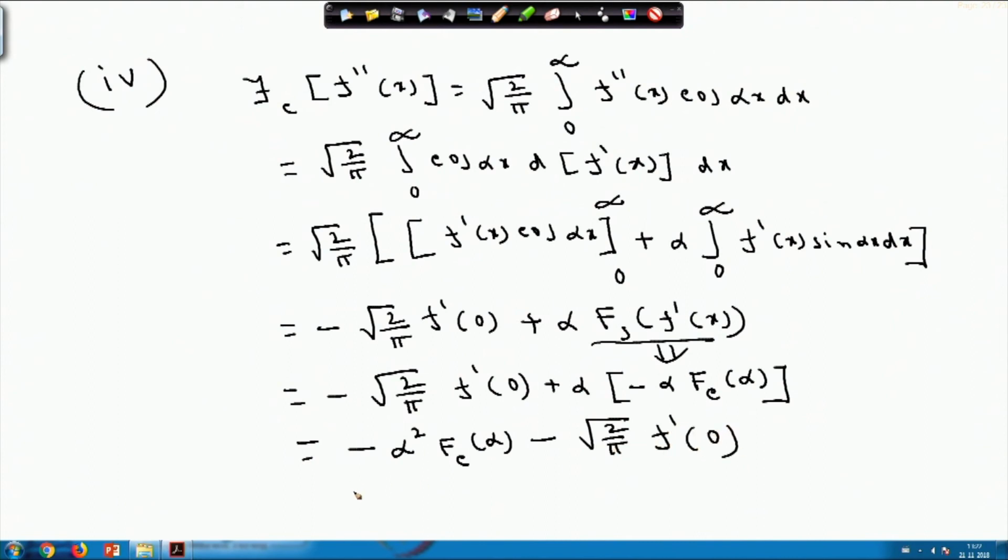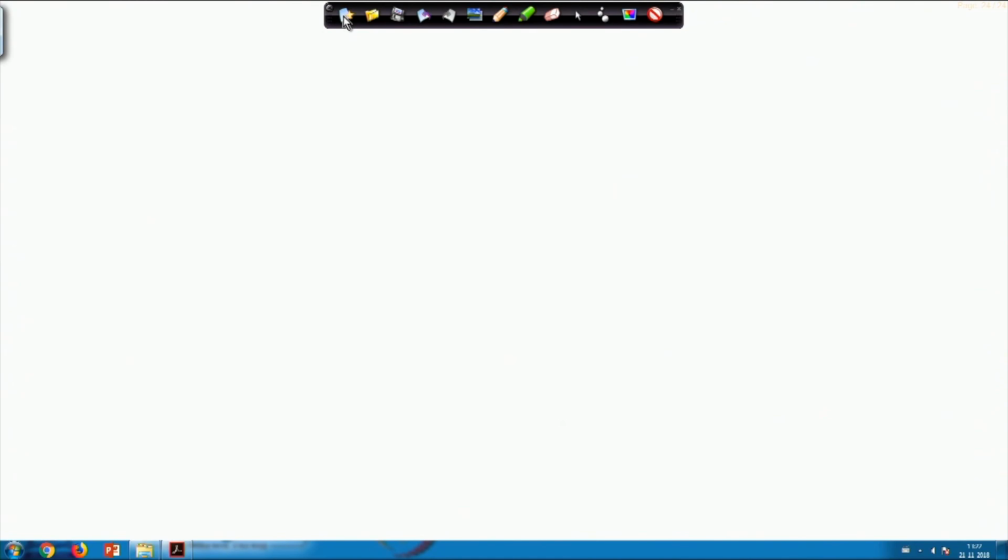So, this way I can tell that the Fourier cosine transform of f double dash x equals minus alpha square into the Fourier cosine transform of alpha, minus root over 2 by pi f dash 0. And similarly, you can prove the fifth one also, that is the Fourier sine transform of f double dash x.